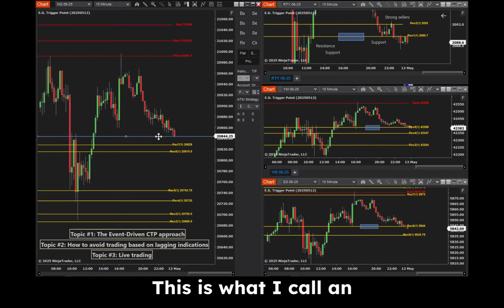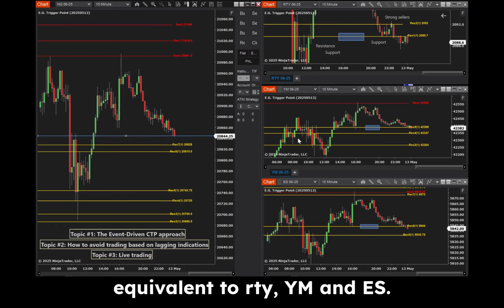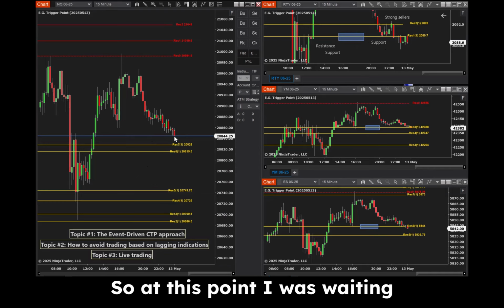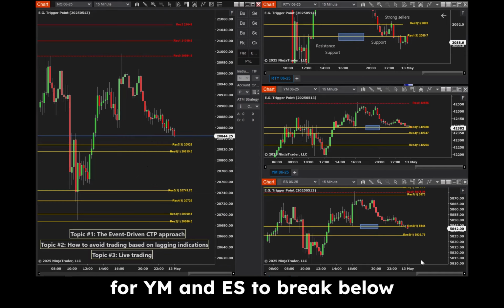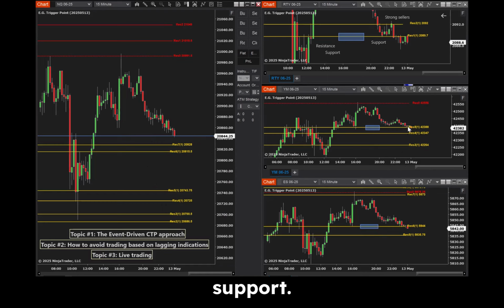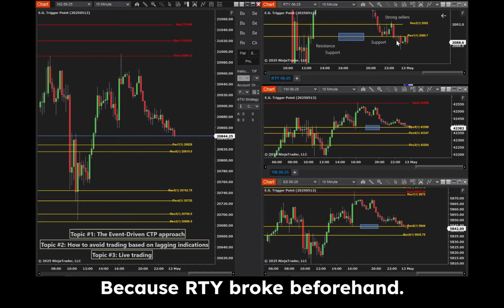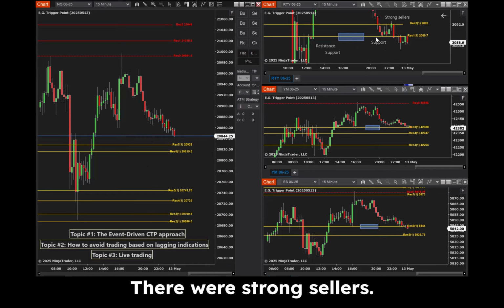This is what I call an intraday support equivalent to RTY, YM, and ES. So at this point, I was waiting for YM and ES to break below this previously validated support. Why? Because RTY broke. Beforehand, there were strong sellers. This line has been validated before.